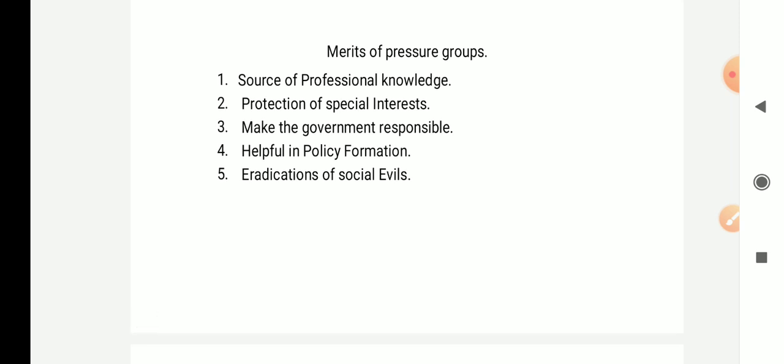These pressure groups have been able to eradicate social evils also, like groups against dowry system, child marriage, drug prohibition, untouchability. So such groups have helped in the eradication of social evils also. So along with its demerits, pressure groups have merits also.